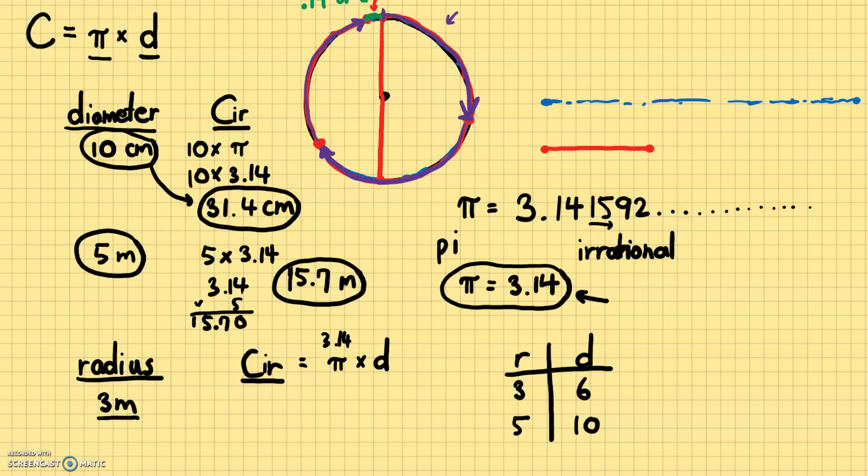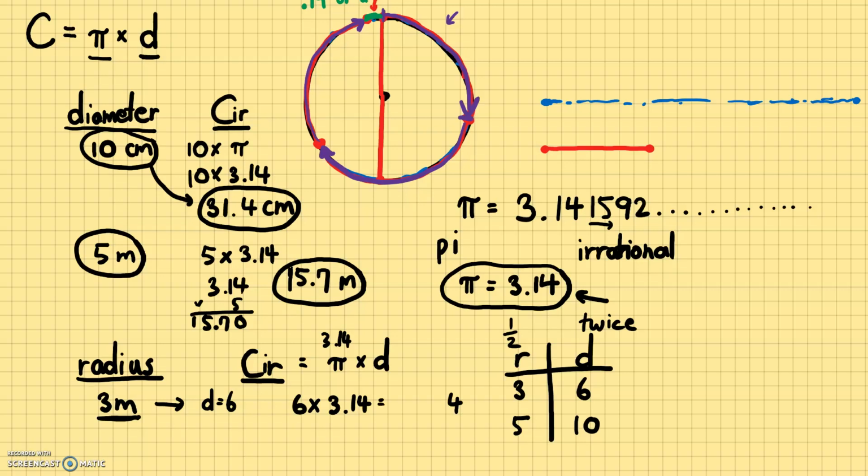So radius is half, the diameter is twice. Okay, so if the radius is 3 in this case, first change the radius to the diameter. So the diameter equals 6. So to get the circumference, you just do 6 times 3.14.